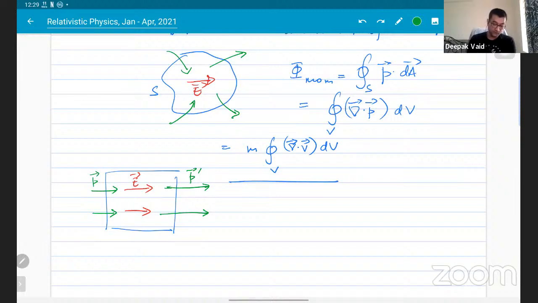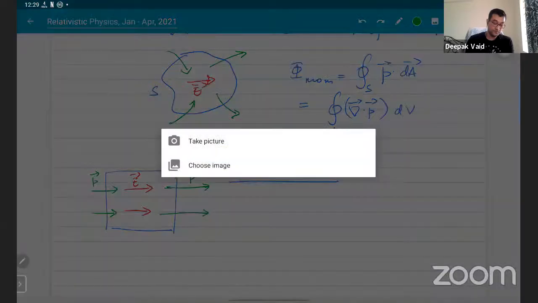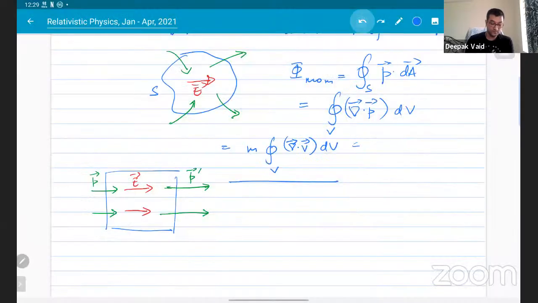And so in this case, obviously divergence of P would not be zero. But if there is no electric field, then yes, it would be true. So this is equal to 0 if E is equal to 0.